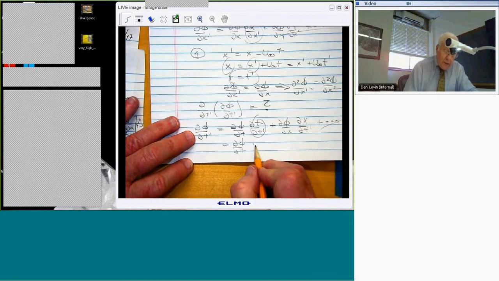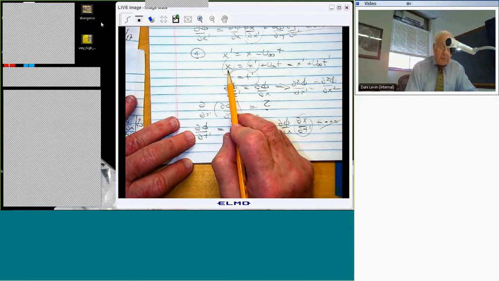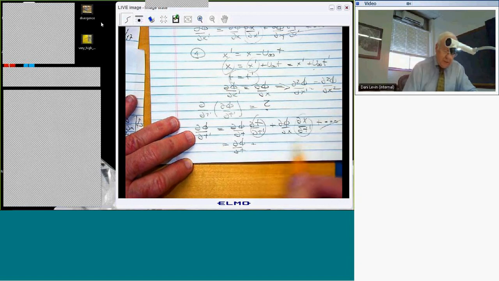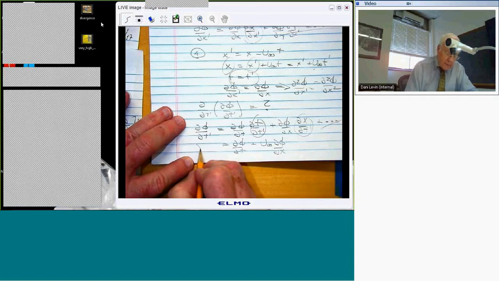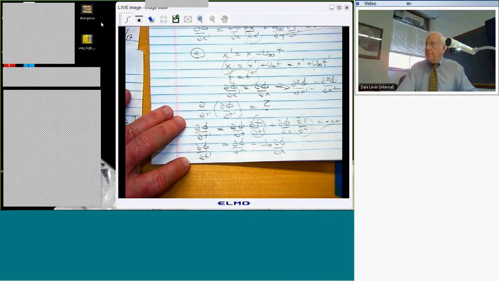And what's partial x with respect to t prime? Partial x with respect to t prime is u infinity. So this is u infinity times d phi dx. And if we do it again, we get the same factor, the same operator acting twice, which gives us our desired equation. Okay.